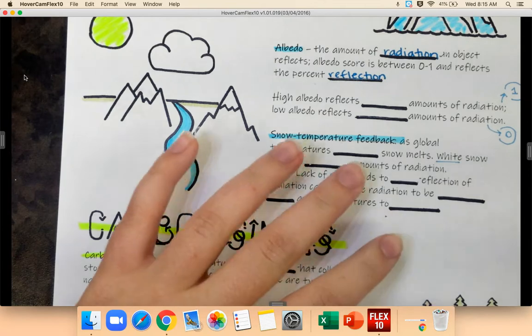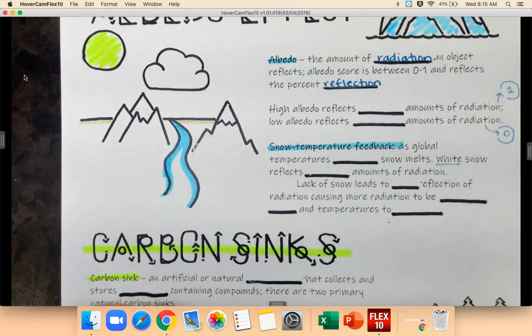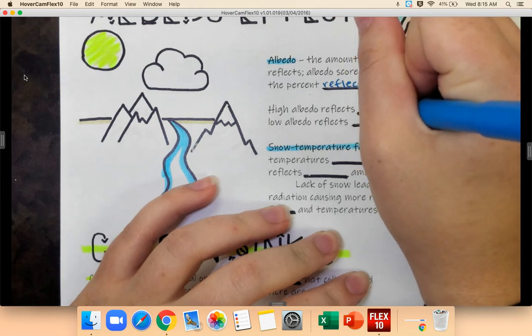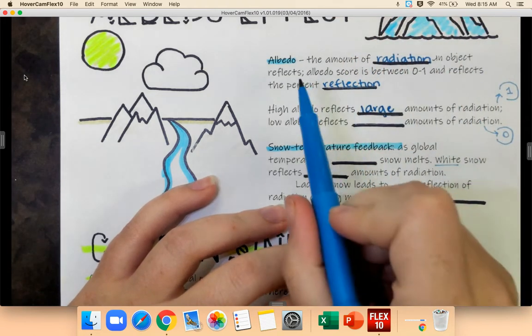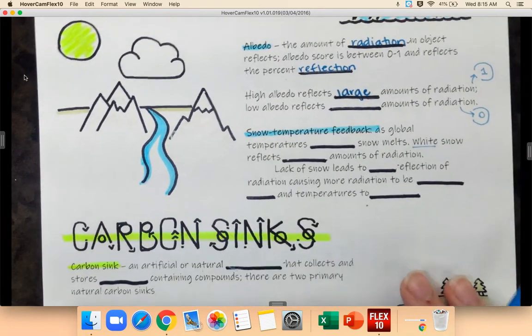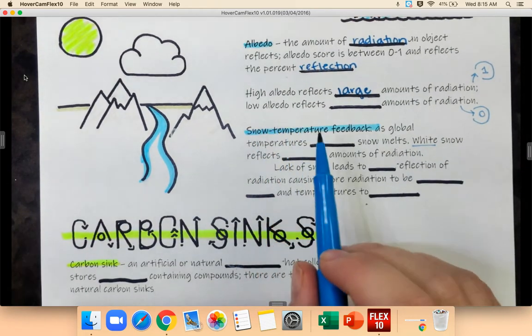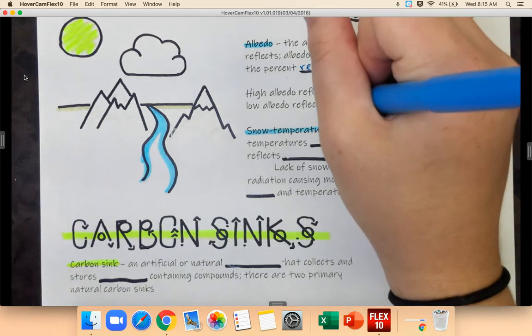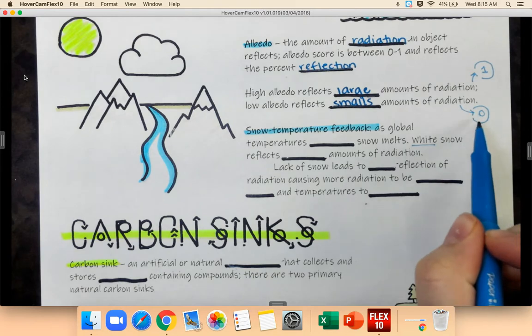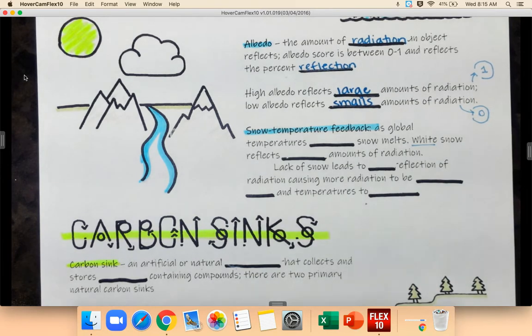A high albedo reflects large amounts of radiation, and that would be an albedo score of 1 or really close to 1. A low albedo reflects small amounts of radiation, and that would be a score of 0 or something closer to 0.